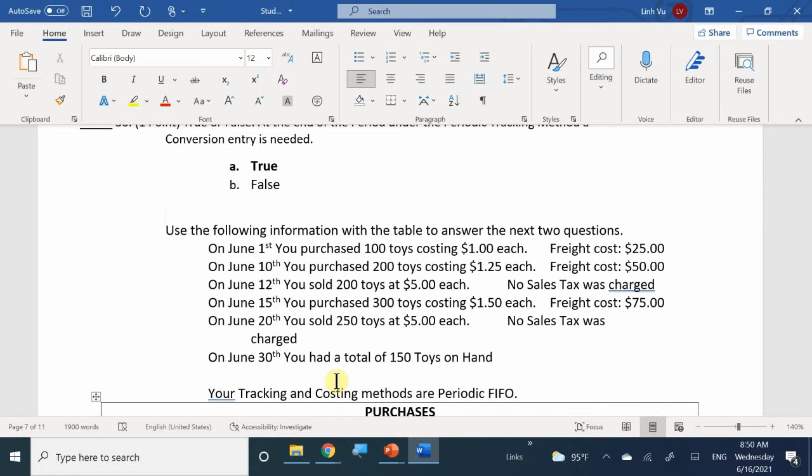Like I've mentioned before, you are strictly only being tested on just purchases, so no returns or allowances in the scenario, okay? And you are only subjected to be able to be tested on actually calculating the costing method. All right. So in this case, right, important information that you need to know is your tracking and costing method is periodic FIFO. Okay. So there you have it, the word FIFO.